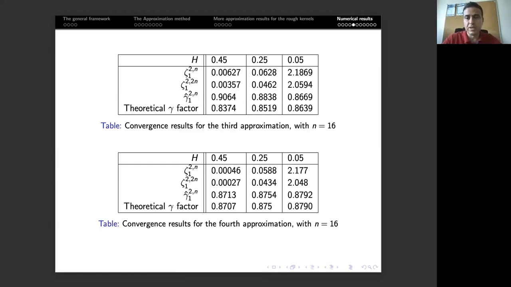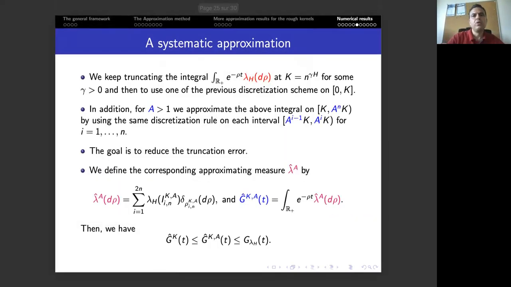So this is optimal, but we have to do more and more work on improving the multiplicative constant. So how would we proceed? For this, we propose a modified approximation that we called a systematic approximation.